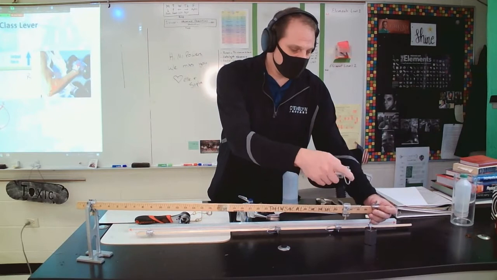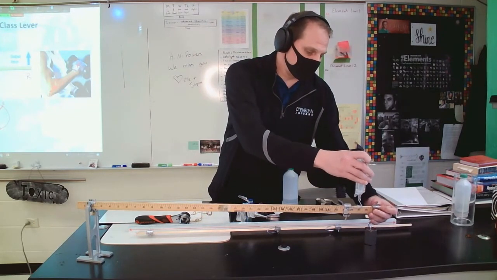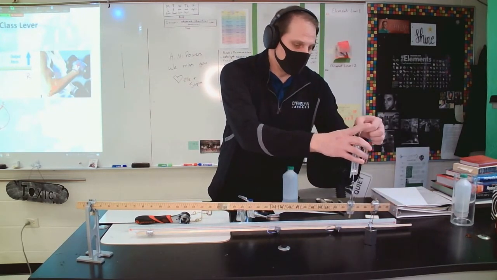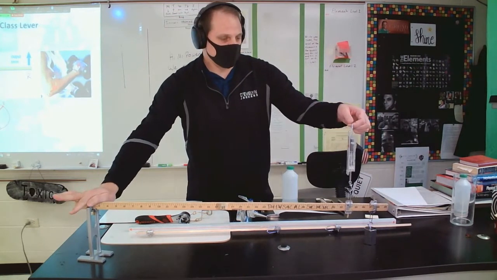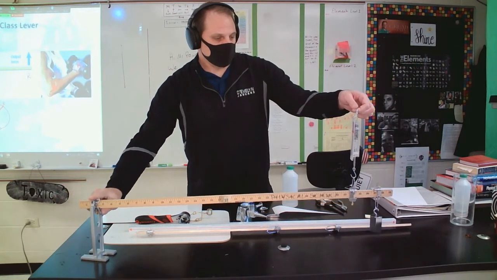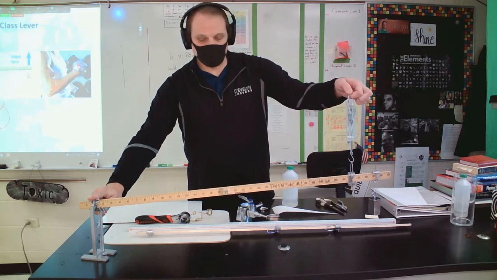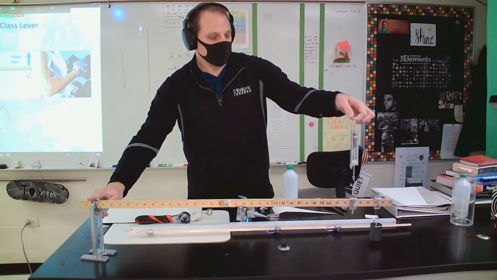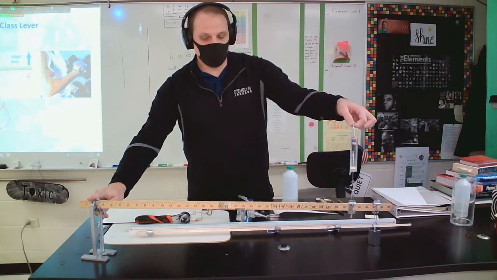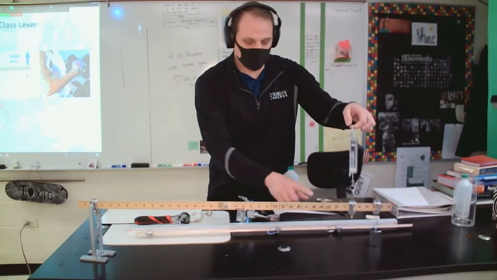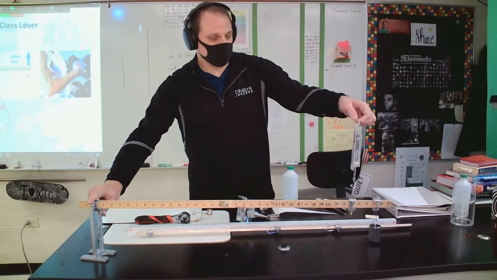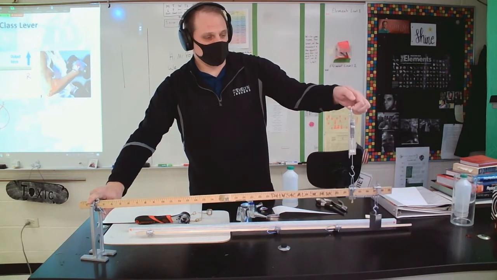If I go out here and I keep my effort arm and my resistance arm about the same, then I should see that it's kind of close, but it's actually already more than 5 newtons. Why? Well, now I'm lifting the weight of the meter stick as well, right? And so I've actually got to put more into it.